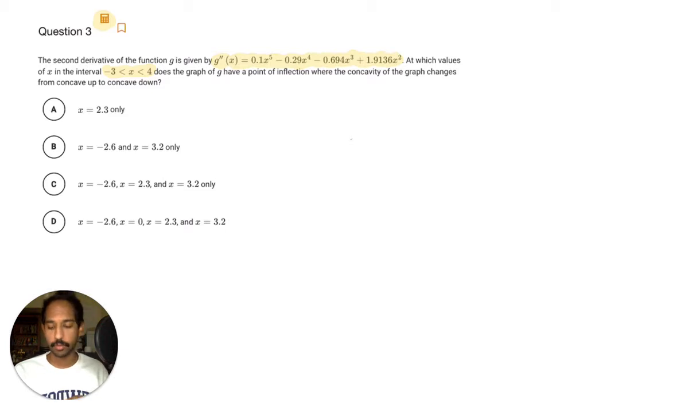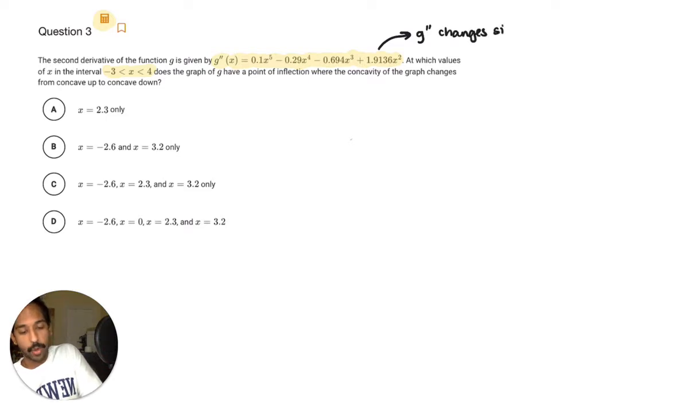The question says we're given g double prime, and we're asked about when the concavity changes. Where's the point of inflection? Remember, when g double prime changes sign, that's when concavity changes.